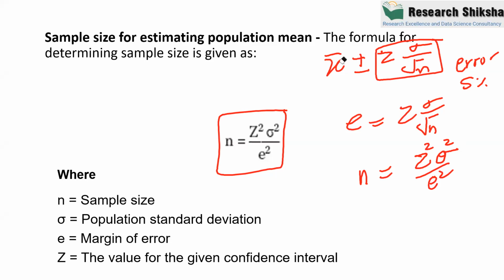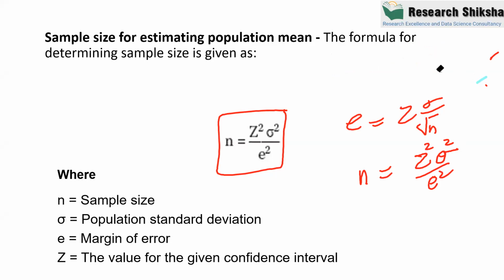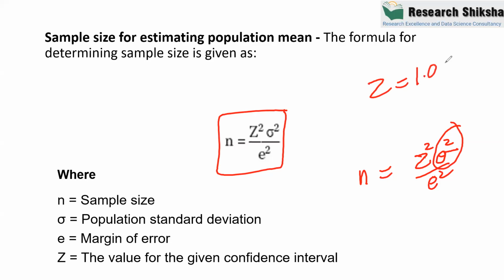Now in this formula, the biggest problem that I face is: what is this sigma? How do we calculate this sigma? Because Z is always 1.96. The error is always 5%. Now, how can I find out the value of sigma?